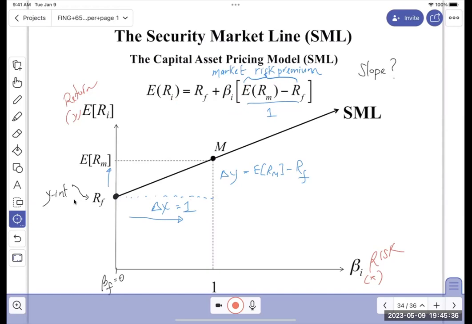Now, I have something marked here because I have the beta of RF is 0 and the beta of the returns to the market is 1. That's clear, right?